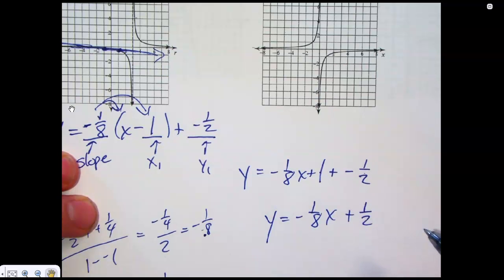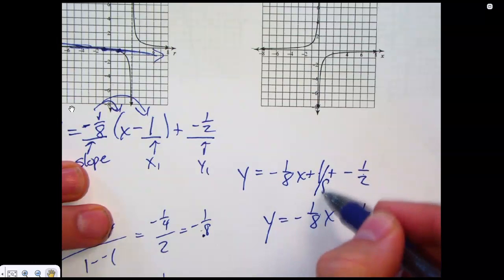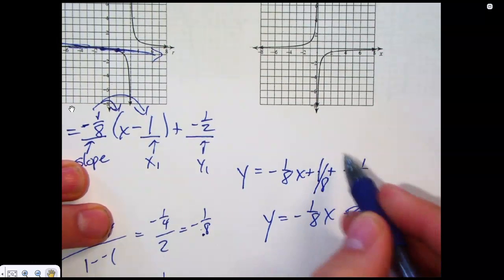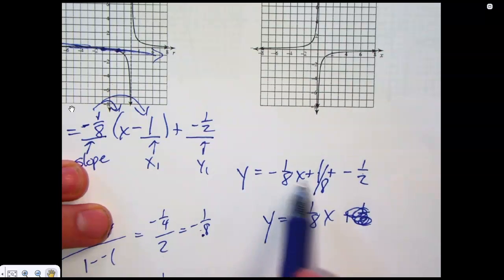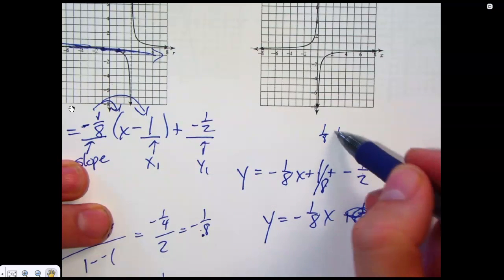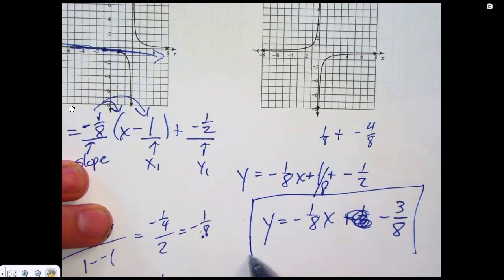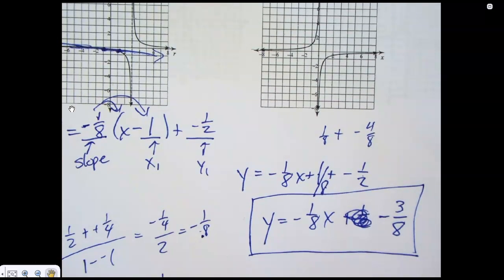Why didn't I distribute the 1/8? Oh, yeah. So this is -1/8 x plus 1/8 plus -1/2. So that's 1/8 plus -4/8, so -3/8. That makes more sense. How many had that already before I did? Everyone can tell me. That made it worse.